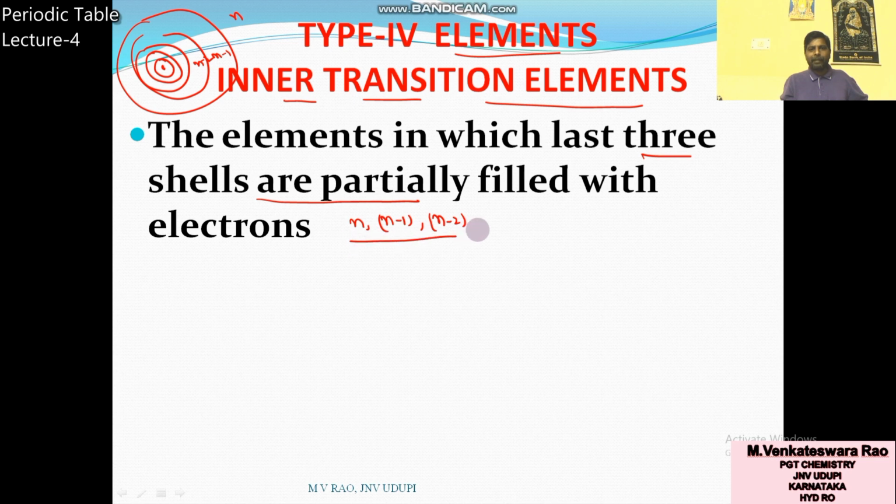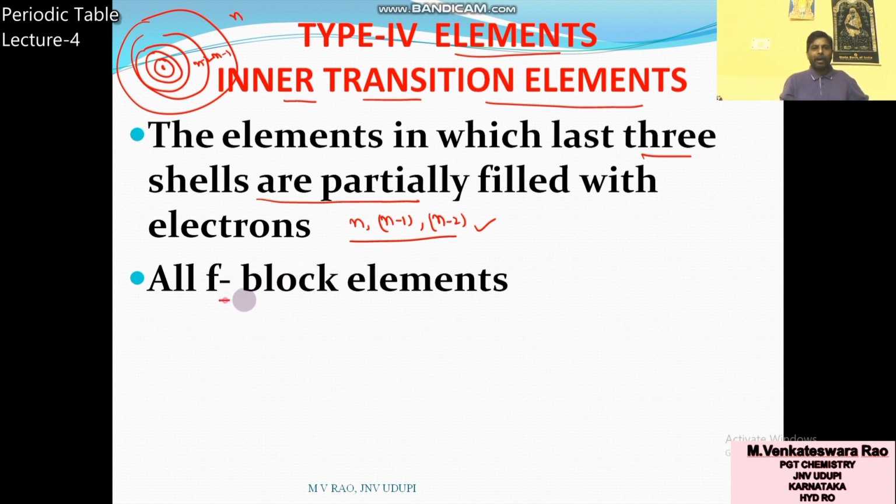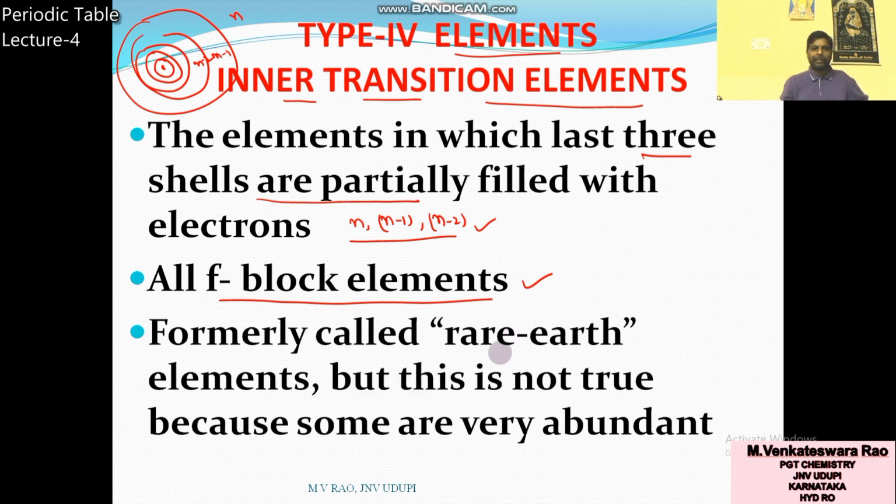Ultimate, penultimate and antepenultimate shells are partially filled with electrons. All F block elements are inner transition elements. Earlier they used to be called rare earths because they are rarely abundant in the earth crust.